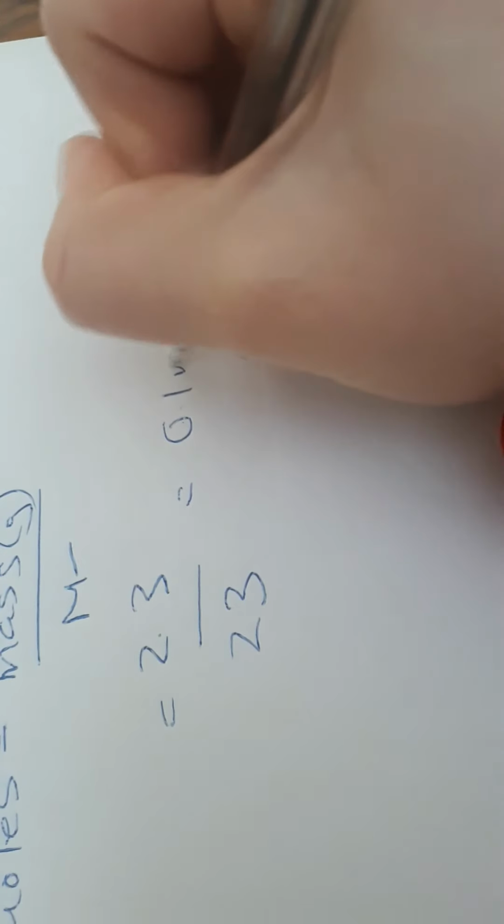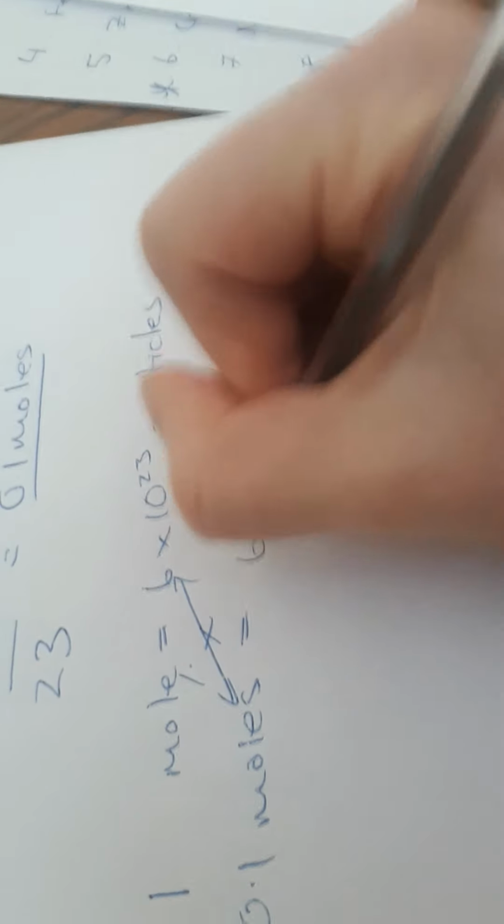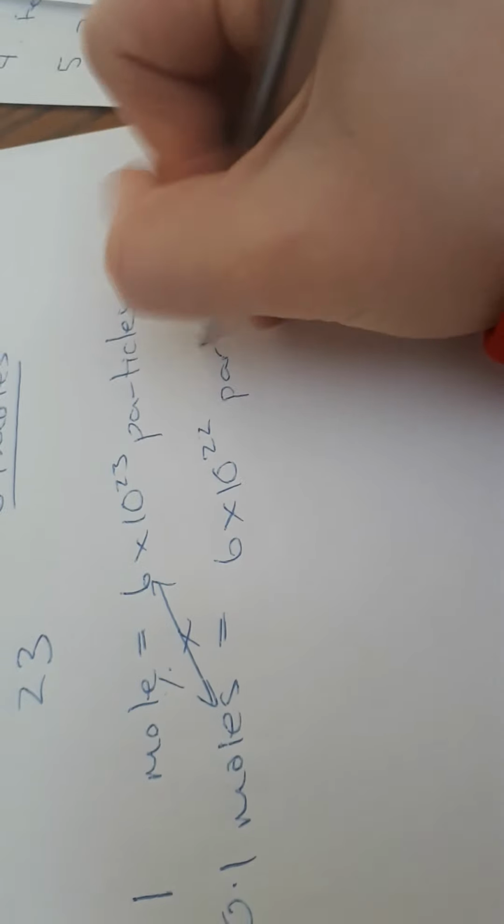That's 2.3 divided by 23, and that gives me 0.1 moles. I know 1 mole is equal to 6 by 10 to the 23 particles or molecules. I don't have 1 mole, I have 0.1 moles. So multiply by what I know, divide by the bit left over, and that gives me 6 by 10 to the 22 particles.